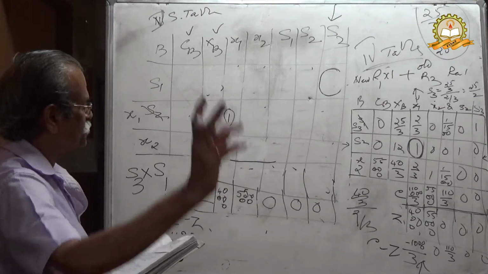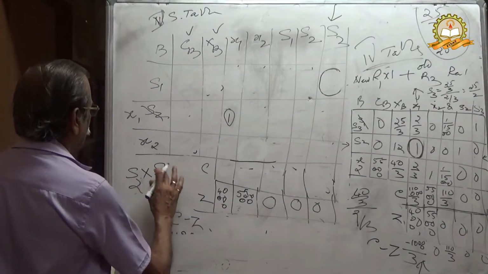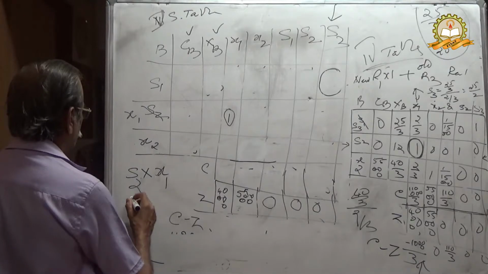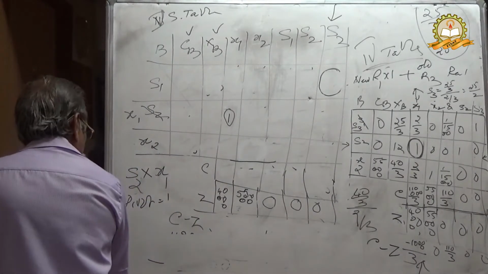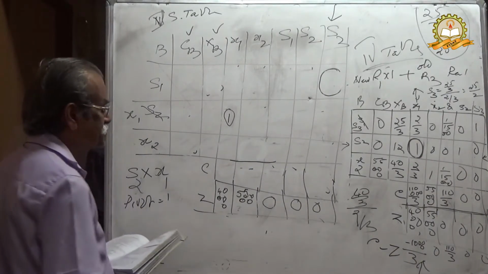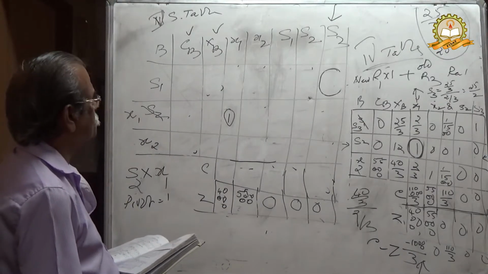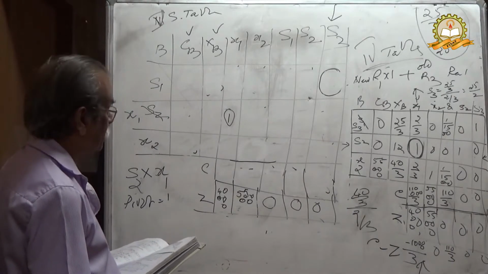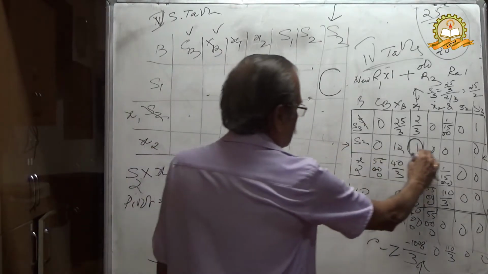And the pivot number is 1. That is S2 and x1 intersect and the pivot value is equal to 1. Therefore, the revised simplex table will be, this is your pivot row.